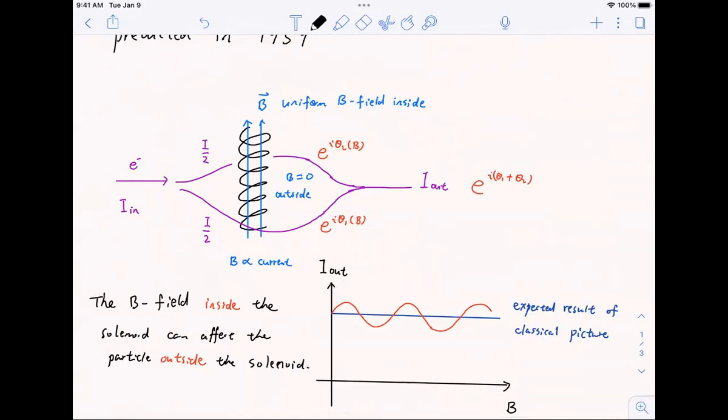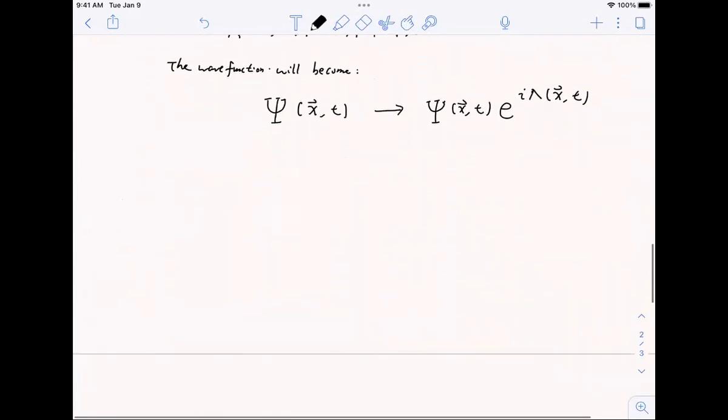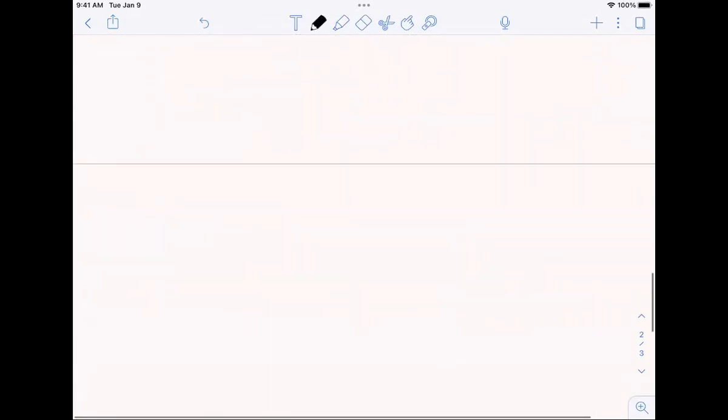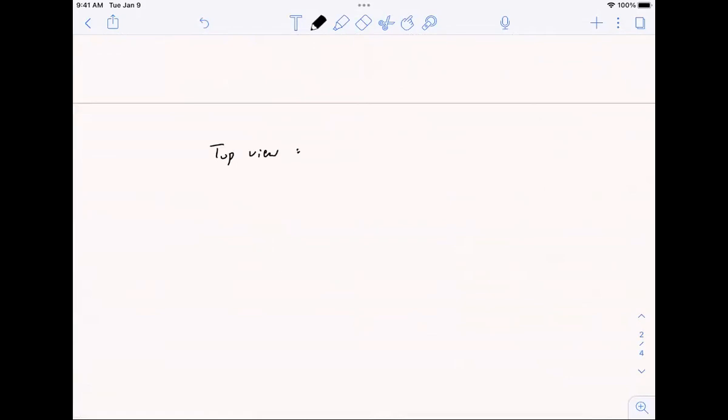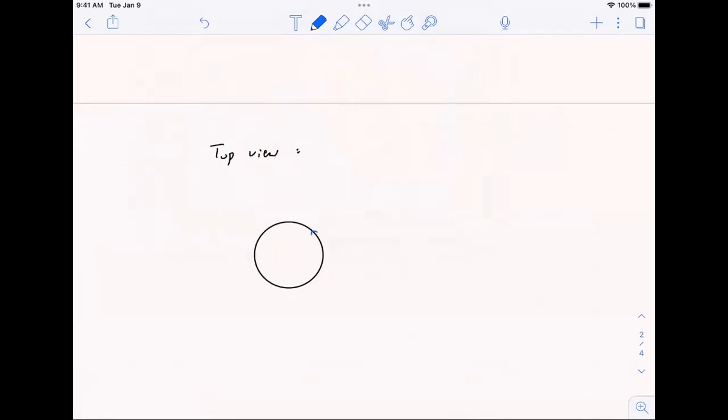So first, we need to consider the potential in this case. On the top view, you have a solenoid. Let's say the solenoid has some current.